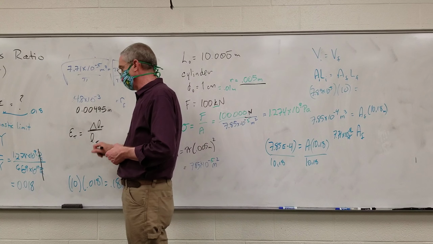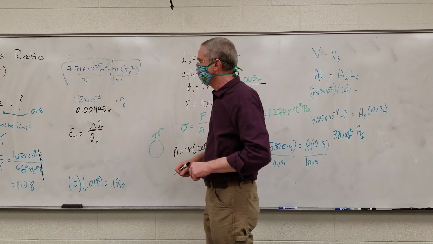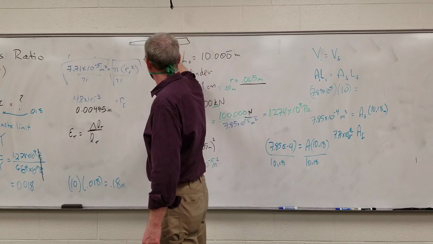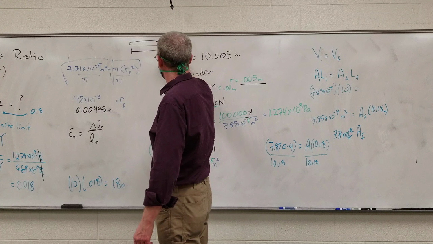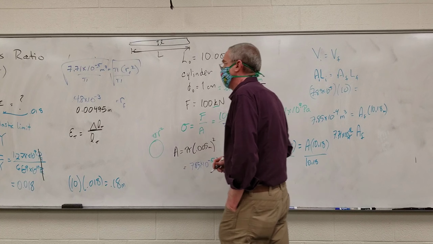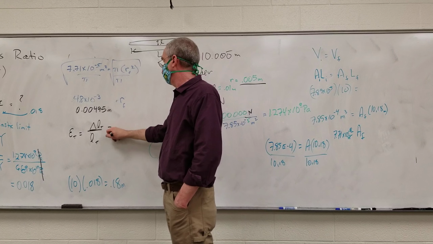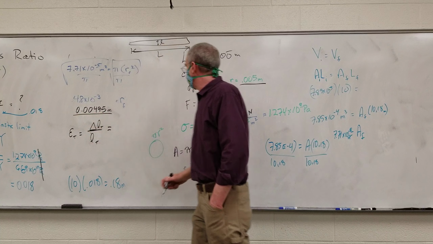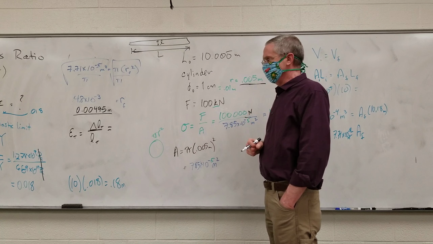I'm using lowercase l for the skinny way and big L for the long way. When I'm finding change, I've got my final value there and my initial value here.